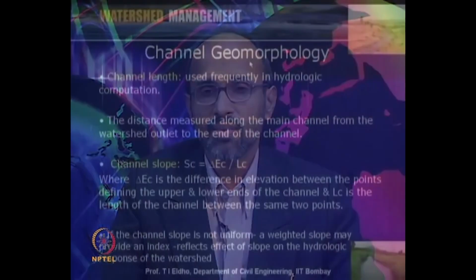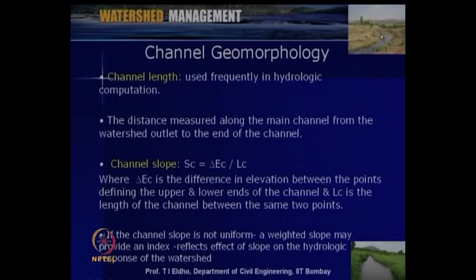Now, coming back to the watershed, the channels within the watershed, that means the drainage, are very important in watershed modeling. So channel geomorphology is one of the important aspects which we have to consider. Among the important aspects of channel geomorphology is channel length, as we already discussed earlier. This channel length is used frequently in hydrological computations.